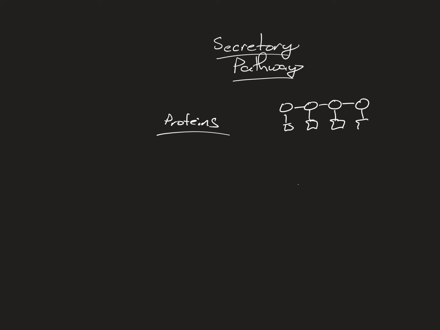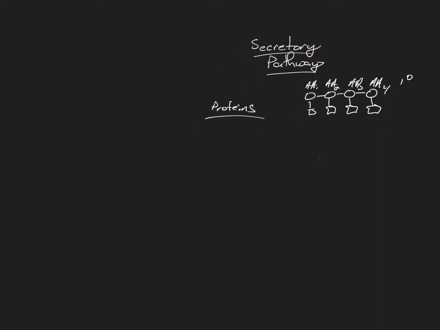Remember, we call that the primary structure, which is the order of these amino acids: amino acid 1, amino acid 2, amino acid 3, amino acid 4. The order is incredibly important for your understanding that every protein is different and has a different structure and a different function. Some proteins have to leave the cell.